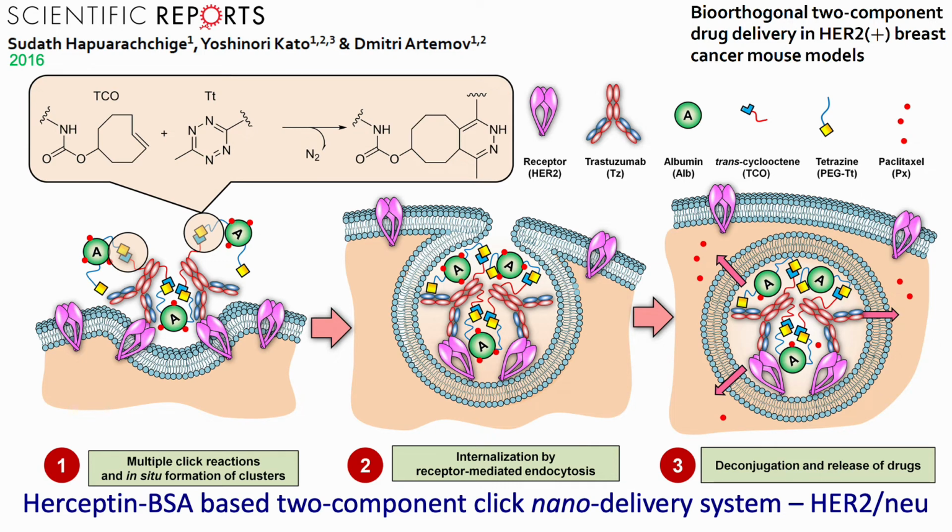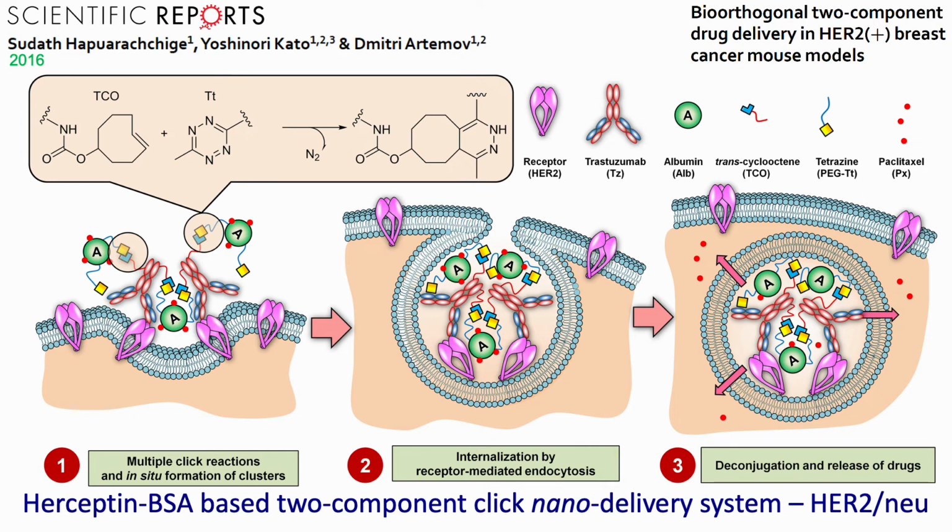And so this is where strategies like antibody drug conjugates, where the antibody carries a chemotherapy agent like paclitaxel, become useful. But this also has an element of toxicity because the antibody keeps circulating for a while in the system.